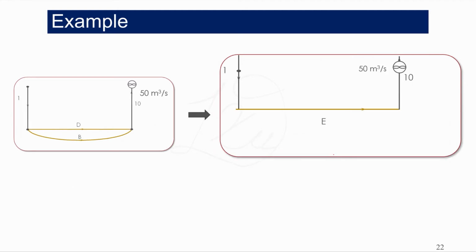Moving forward to further reduce the airways, we can see that airway D and airway B are in parallel.